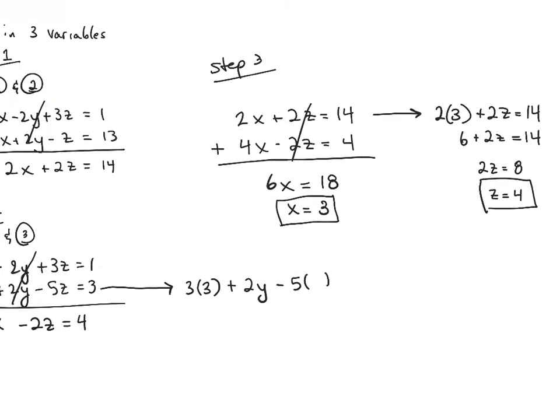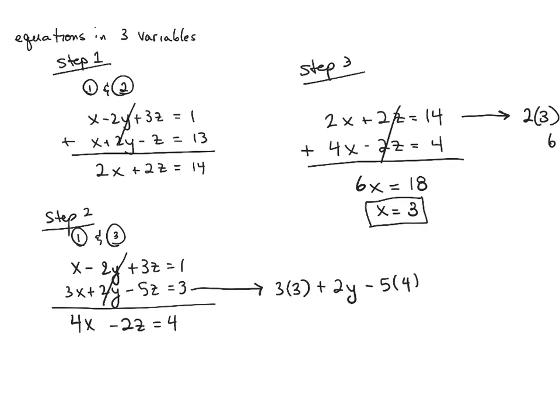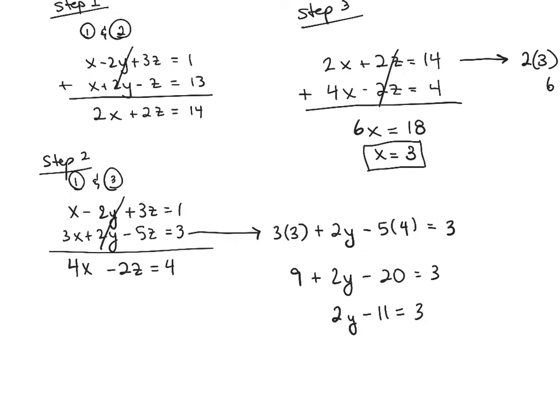But we know that z is equal to 4, so it becomes 5 times 4 is equal to 3. And then add the 11 to the other side, and we get 2y equals 14. Divide by 2 and get y is equal to 7.